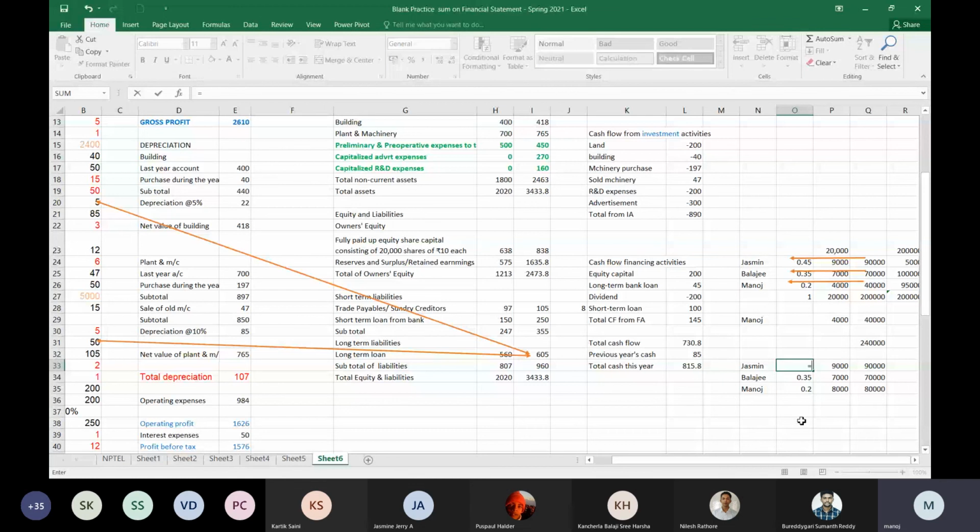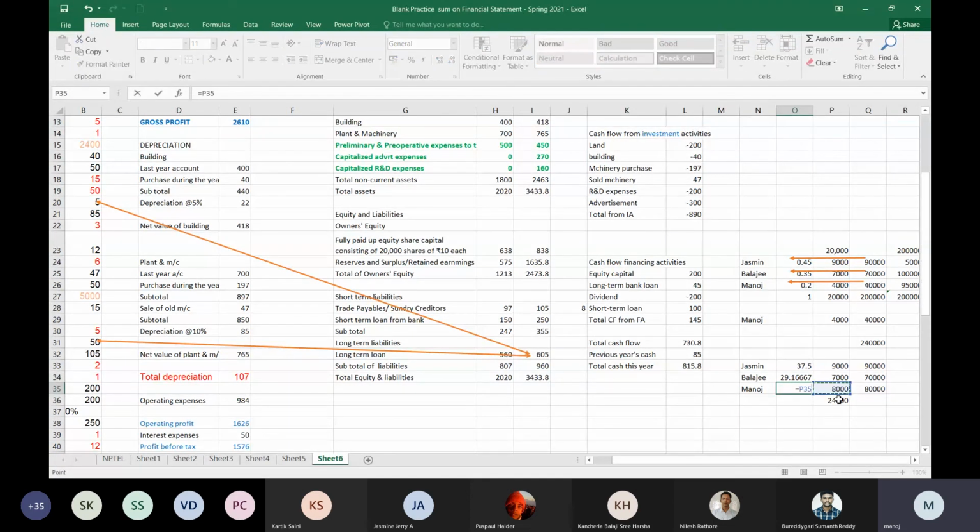Let me first see the total number of shares. Total number of shares are now 24,000. So Jasmine's share is 9,000 divided by 24,000 multiplied by 100, so Jasmine gets 37.5%. Balaji has 7,000 shares divided by 24,000 multiplied by 100, that means 29%.